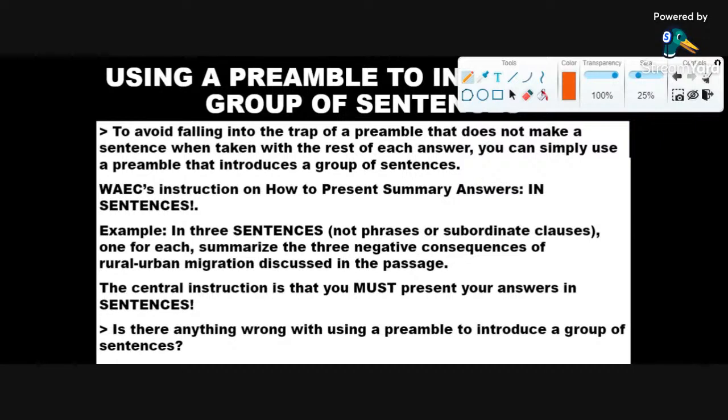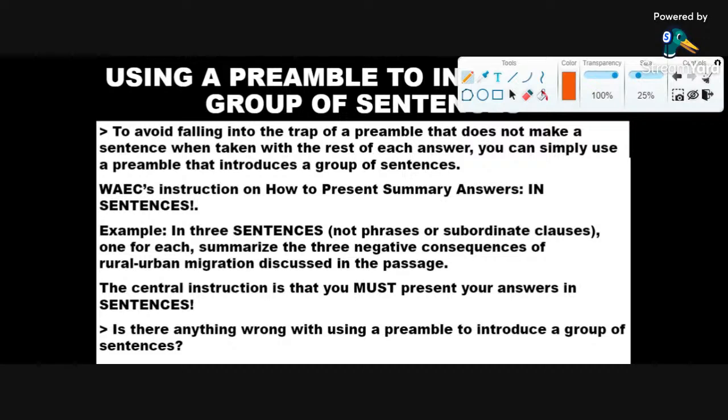Now, you may decide not to use that opening statement in the first place, and we are going to look at it when you decide to present your answers just in sentences. The difference between presenting your answers with a preamble that introduces a group of sentences, the very sentences that the summary question wants you to present, and presenting your answers directly in sentences is simply that you ignore a preamble, which you can do.